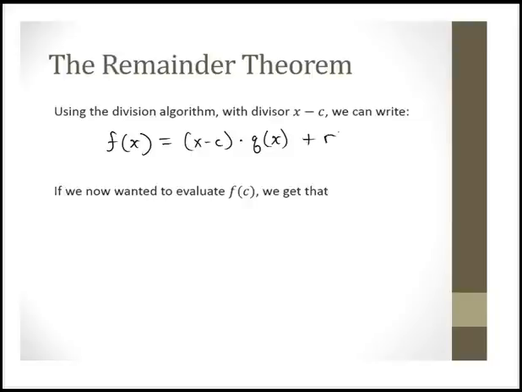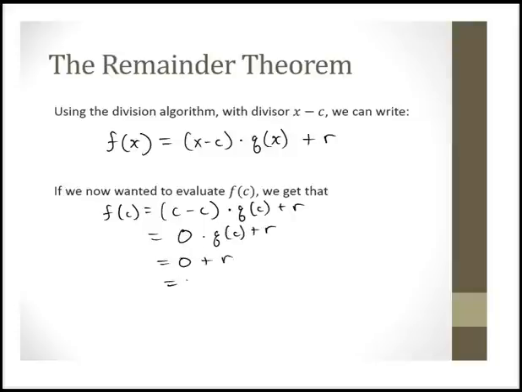Now, if we wanted to evaluate f of c, that would be replacing all the x's with c's. I'd have c minus c times q of c plus r. Now c minus c is 0, so I have 0 times q of c plus r. 0 times q of c is 0, plus r. F of c is r. What does that tell us?